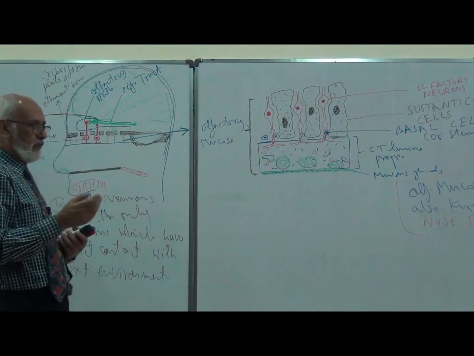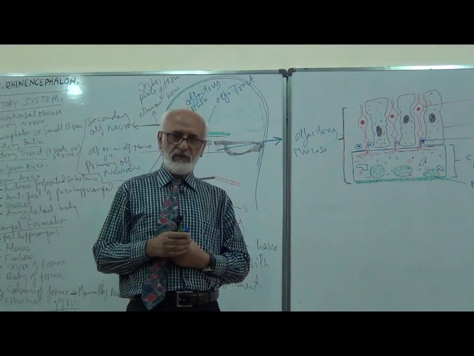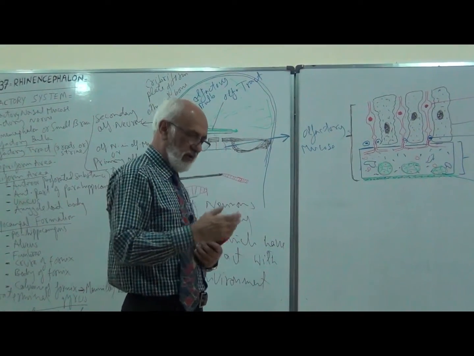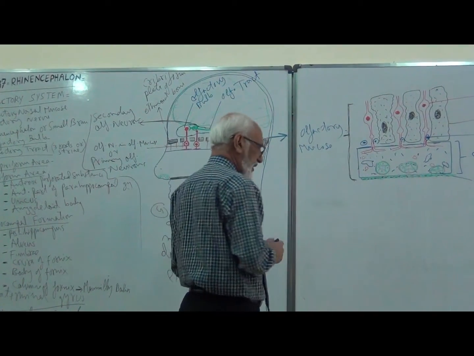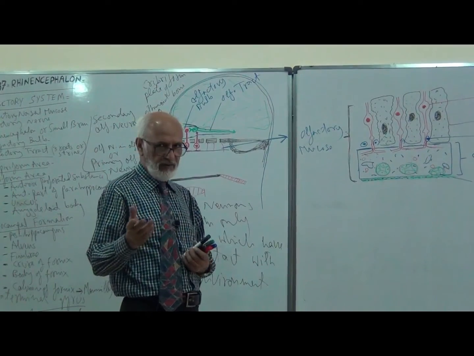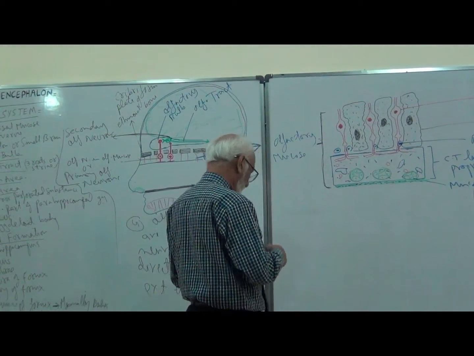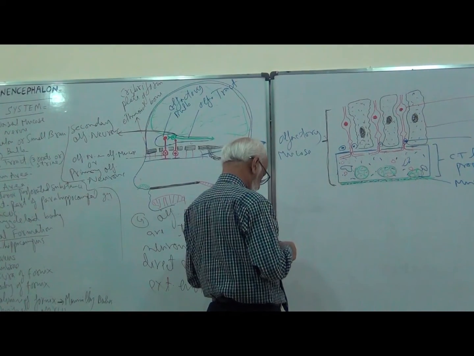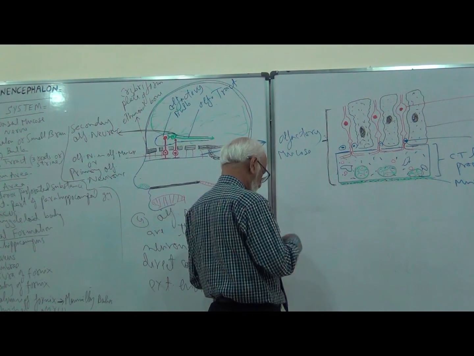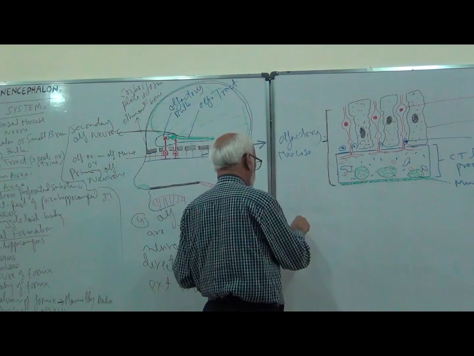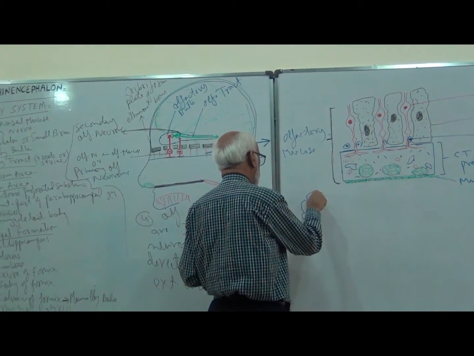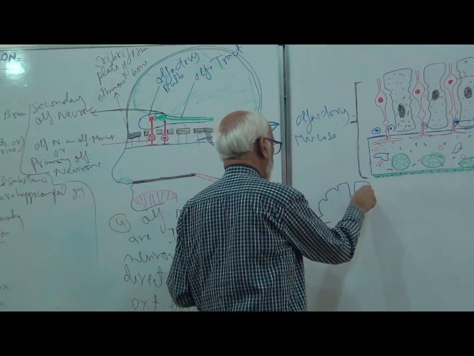Now sensations, you know, we have general sensations and special sensations. General sensations: touch, pain, temperature, etc. And special sensations: smell, taste, etc. Now there is a pathway. For example, this is the cerebral cortex, sensory cortex.